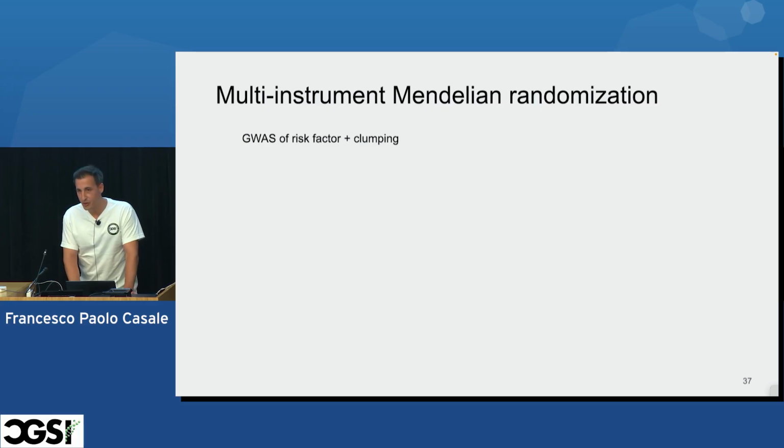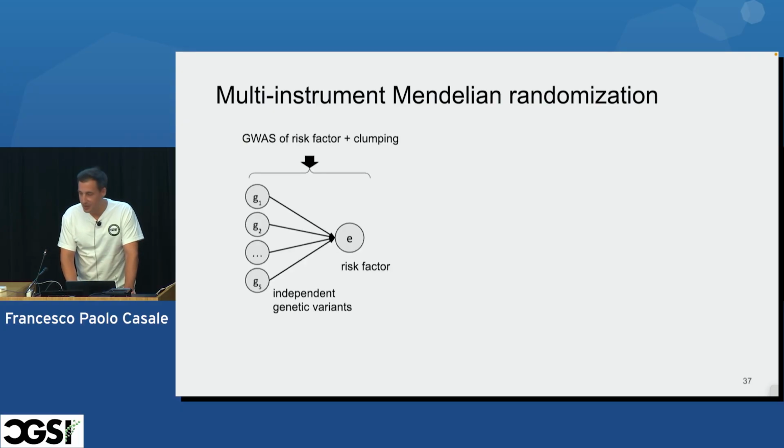But if you do a GWAS of a risk factor, and then you use clumping to identify independent variants from that GWAS, you typically end up with hundreds of genetic variants, right? So the typical setting is that you have hundreds of independent instruments that you could use here. So can we use them for MR?